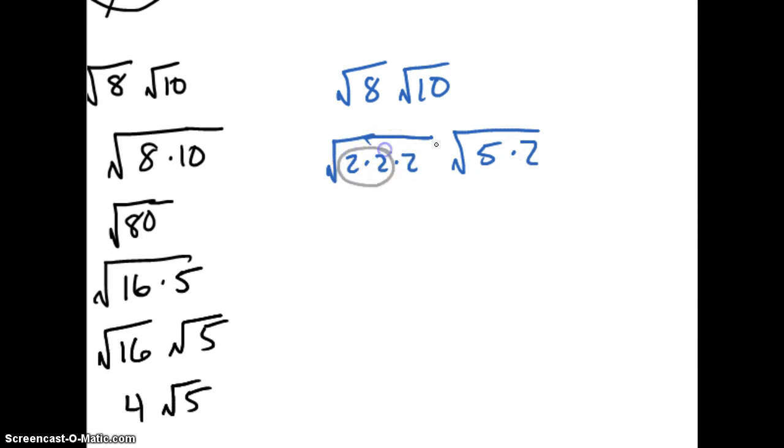This 2 and this 2 are paired up, and if I combine these guys under one roof, then I can combine this one, this 2, and this 2 over here. And I see that this guy's left over. I cannot really see it if they're in 2 separate roots, so I should simplify this to root 80 before I even start to simplify this fully.